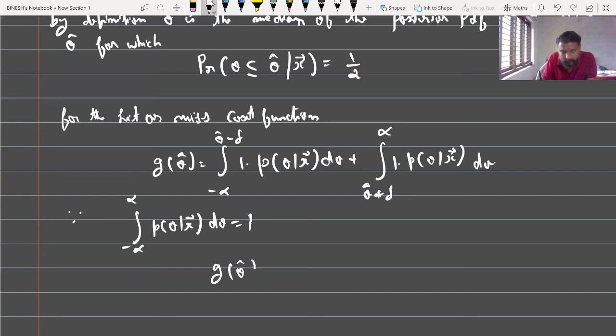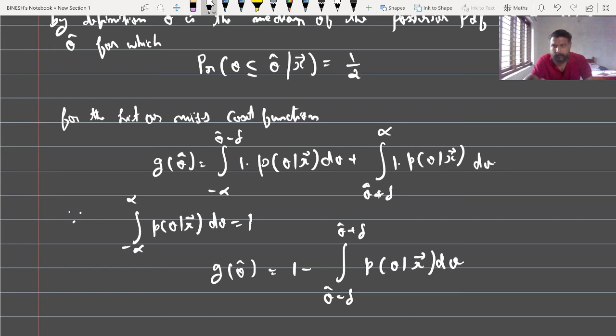g of theta cap is nothing but 1 minus the integral from theta cap minus delta to theta cap plus delta of P of theta given x, d theta.